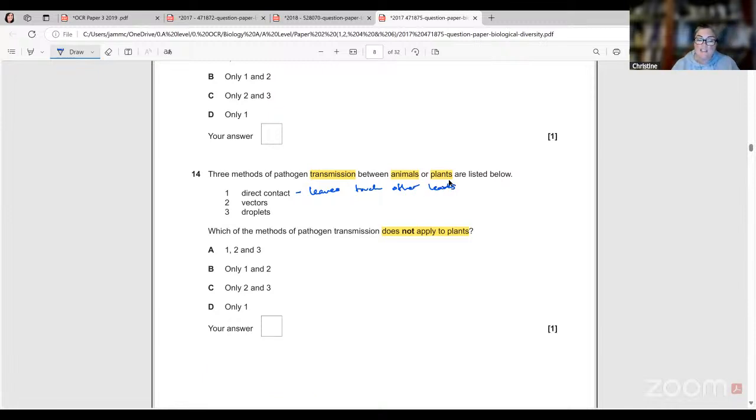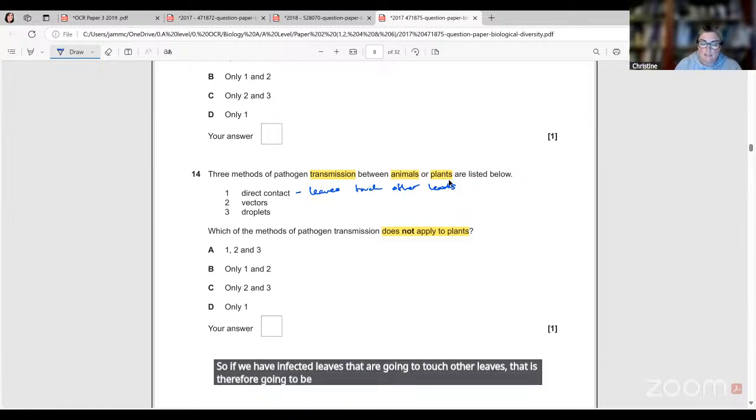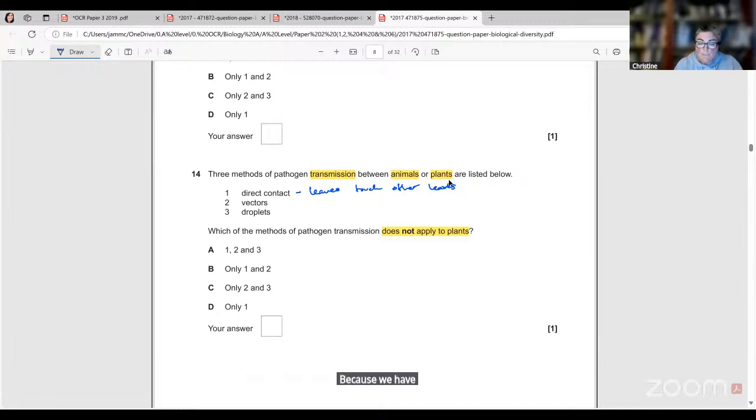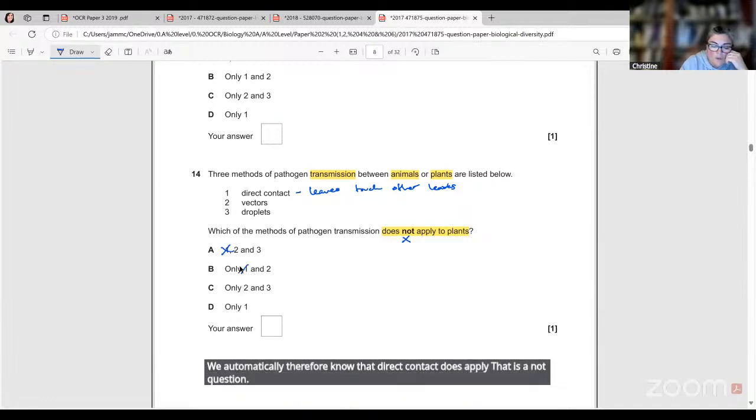So which of the methods of transmission does not apply to plants? One does apply to plants because we have direct contact. So we automatically know that direct contact does apply. That is a not question, so anyone that has one in it, we would remove.